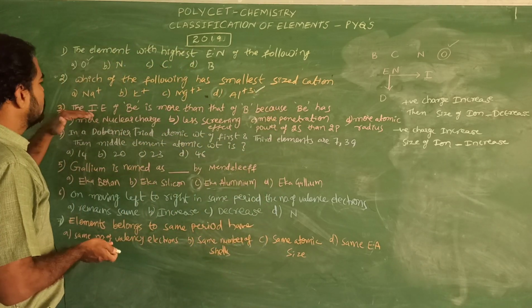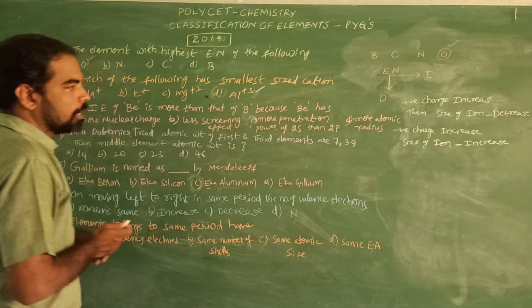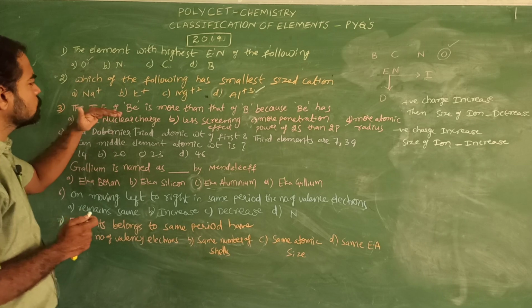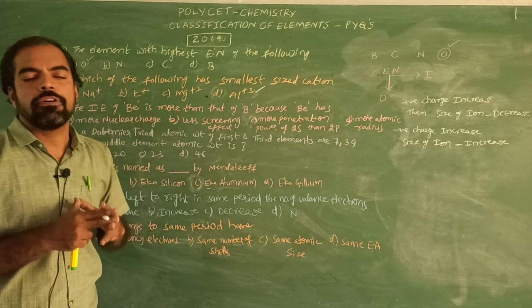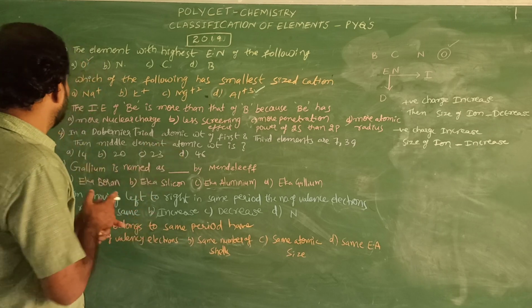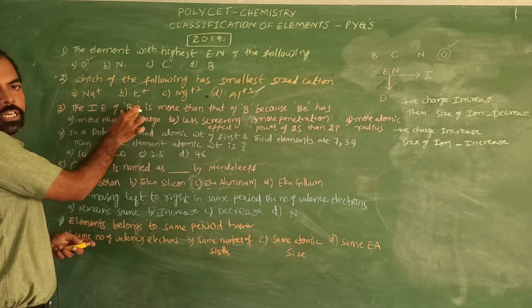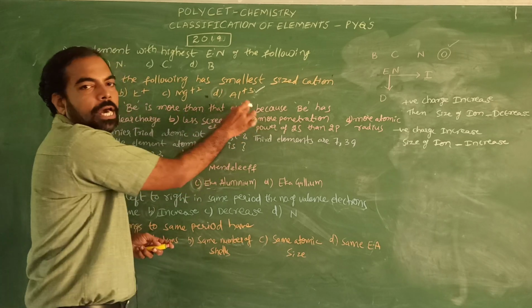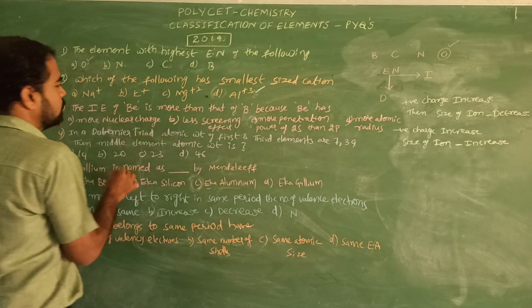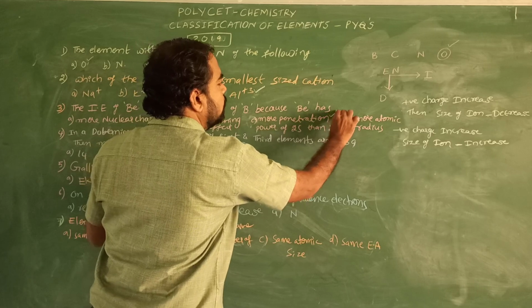Right? Next, the ionization energy of beryllium is more than that of boron because beryllium has. Among the factors influencing ionization potential, we have the penetration of s, p, d, f orbitals. From that, the s orbital of beryllium has more penetration power than the p orbital of boron. Hence the option is more penetration power of 2s orbital than 2p.